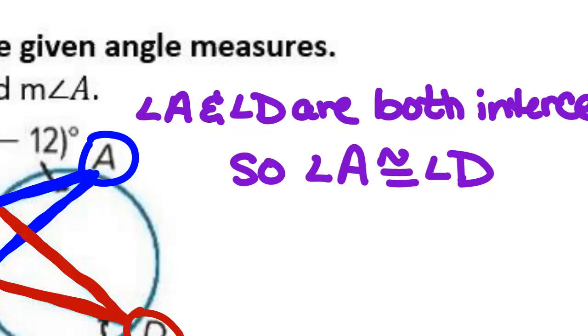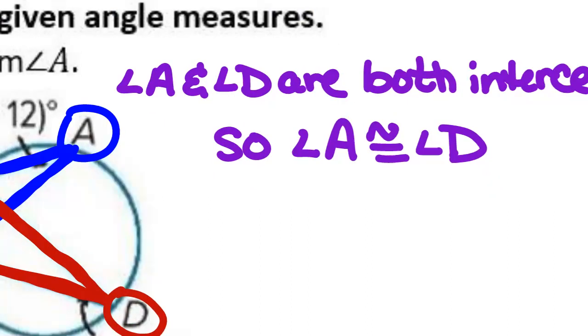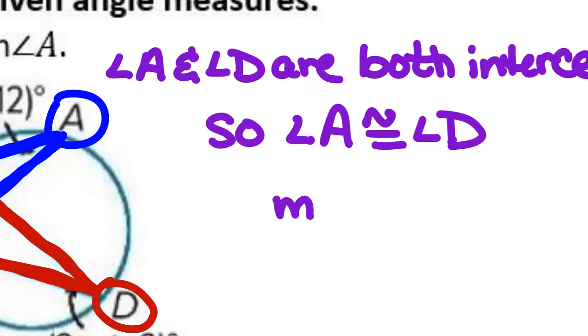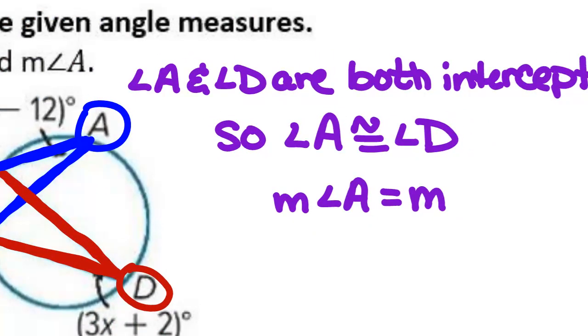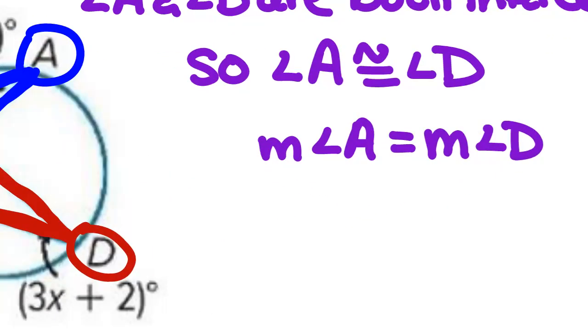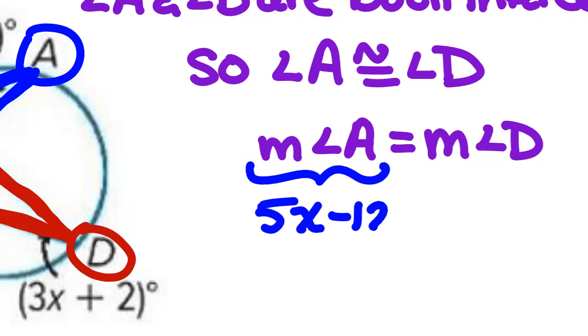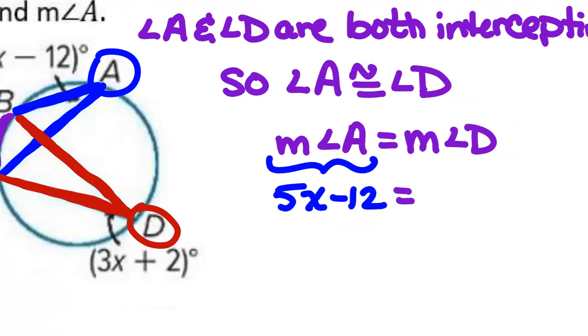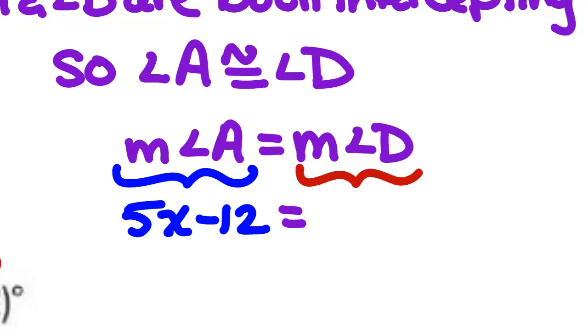If those 2 angles are congruent, what can we do with their measurements? Set them equal to each other. So the measurement of angle A is equal to the measurement of angle D. How big is angle A? 5x minus 12. And I'm going to set that equal to the measurement of angle D, which is how big? 3x plus 2.